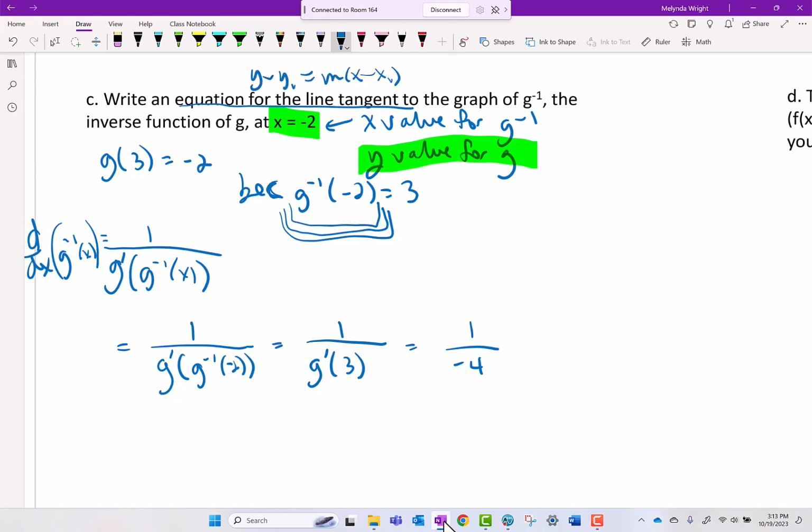So y minus, equals negative 1/4 times x plus 2, right? Because that's my x value. What's my y value? Do we already know it? We do, don't we? g inverse of negative 2 is 3.